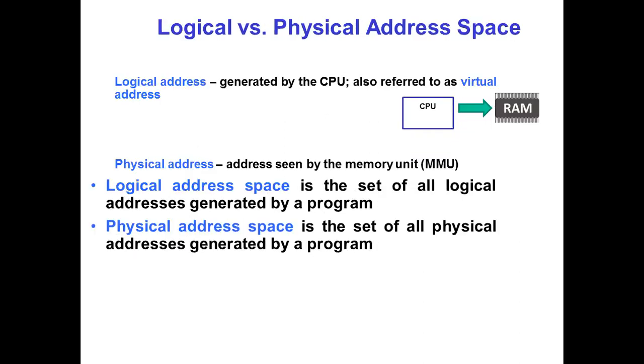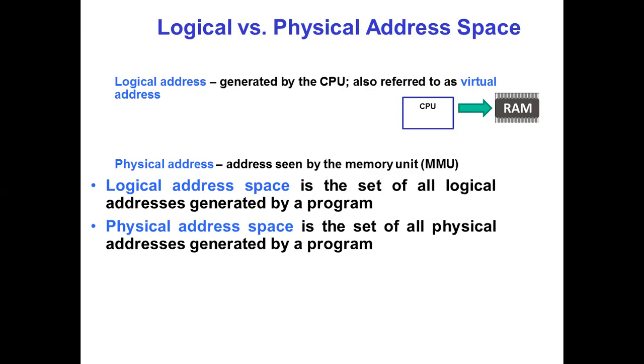Now, what is the difference between the logical and the physical address space? Okay, what is the difference between these two? Now you can see a logical address means one generated by the CPU. So whenever your process goes into the CPU, the CPU will generate an address.